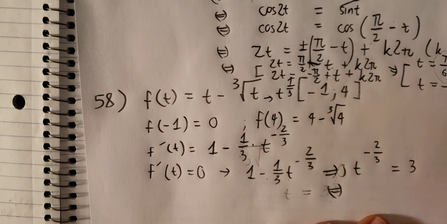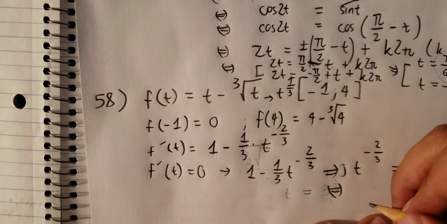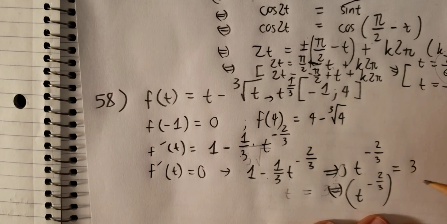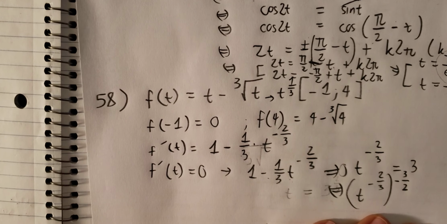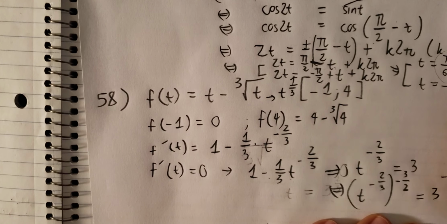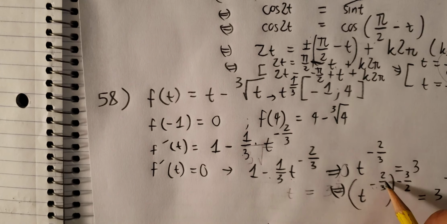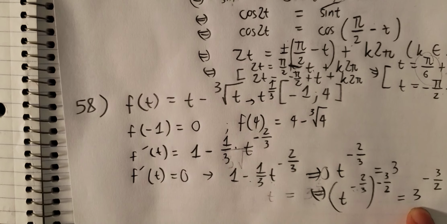And we need to multiply by minus 3 over 2, so that this one will become minus 3 over 2, because when two powers are multiplied together, you get 1. So that's the answer.